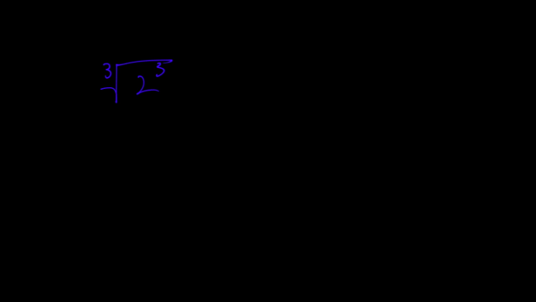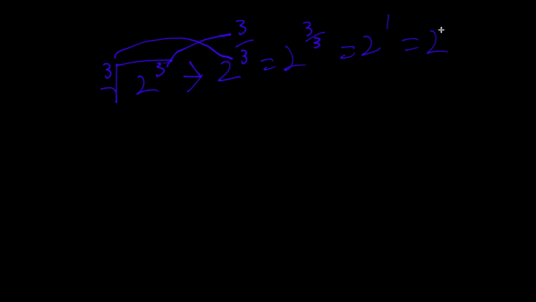If we apply our rational exponent rule to it, we can turn this into 2, then take this 3 and put it on the bottom, and take this 3 and put it on the top, and now we have 2 to the 3 over 3, which also equals 2 to the first, which equals 2. So that is an algebra understanding of how those two 3's counteract each other.